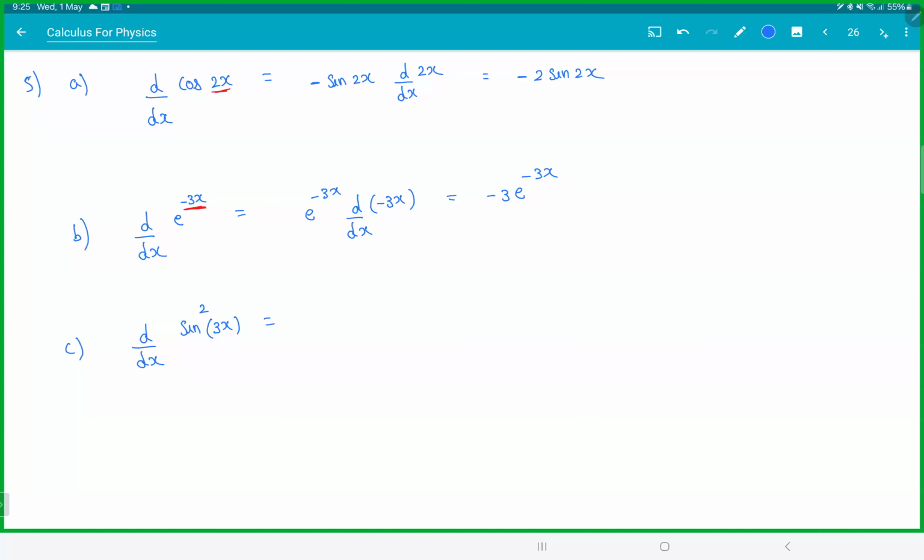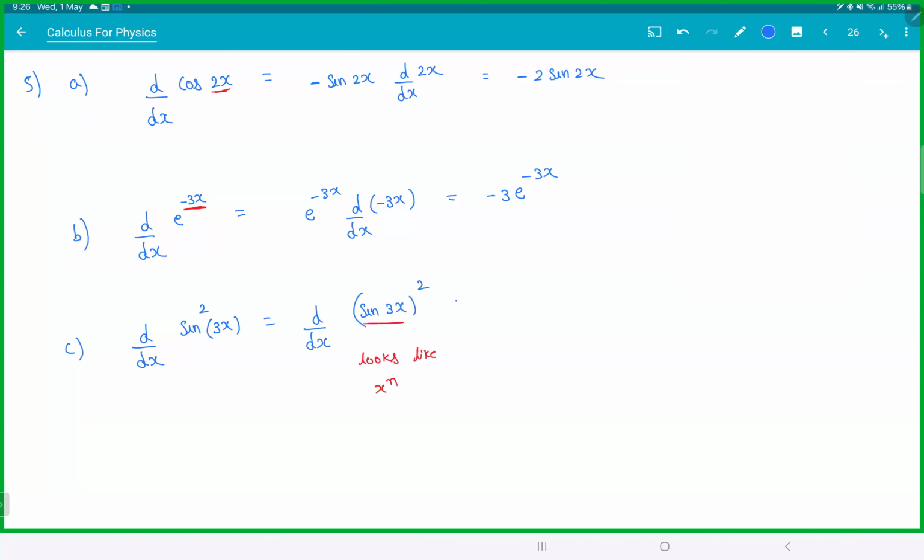Look at the third one. So first of all, let's write it in a way you can understand better. So d by dx of sine 3x, whole square. Now look at this thing. This is a function inside a function inside a function, a triple function. This is square. So this is looking like what? This is something to the power of n. So this looks like x power n.